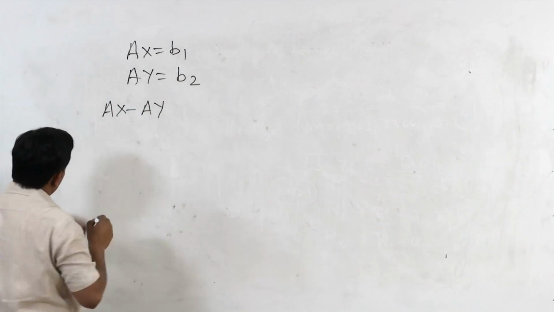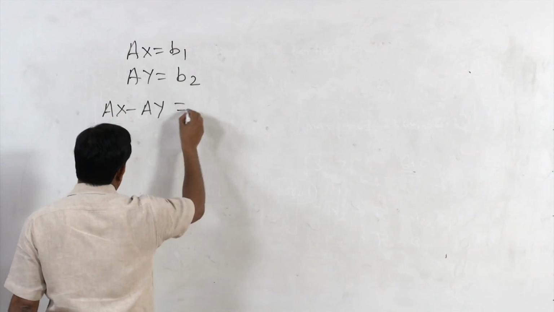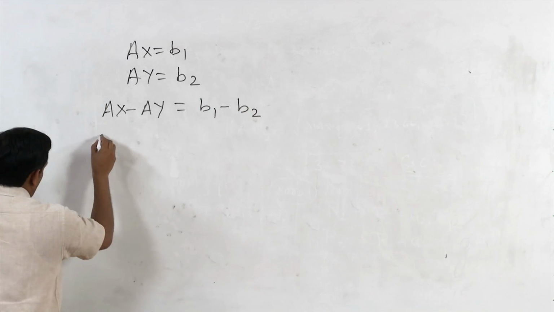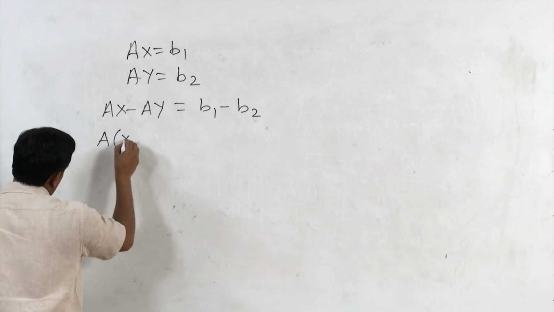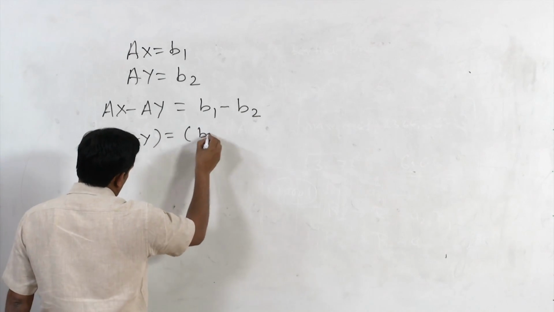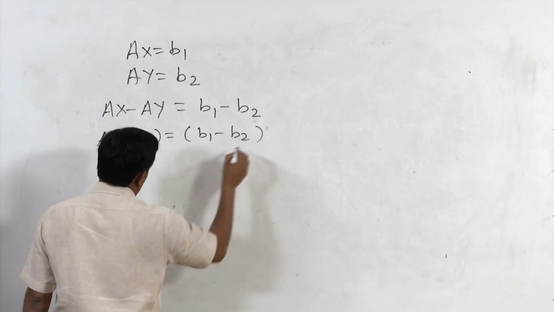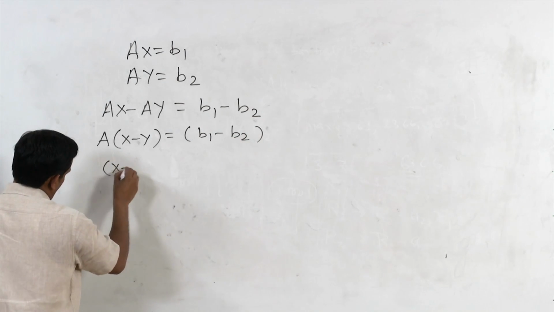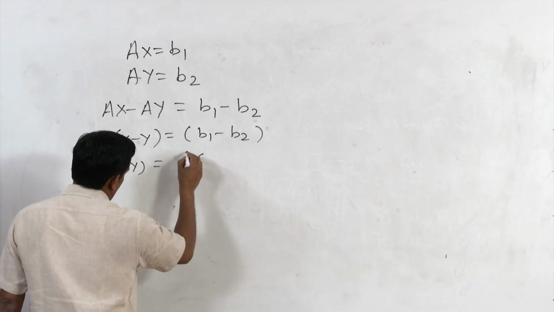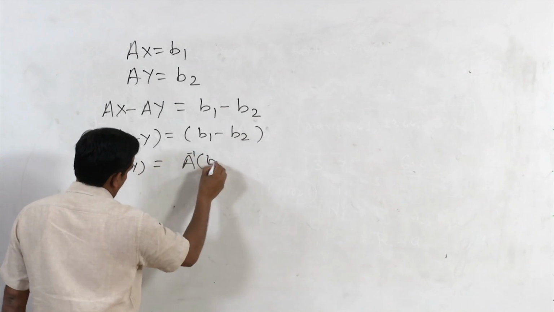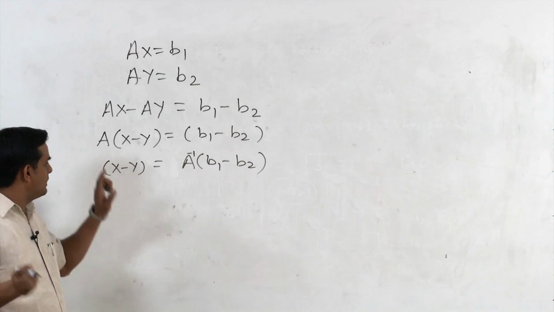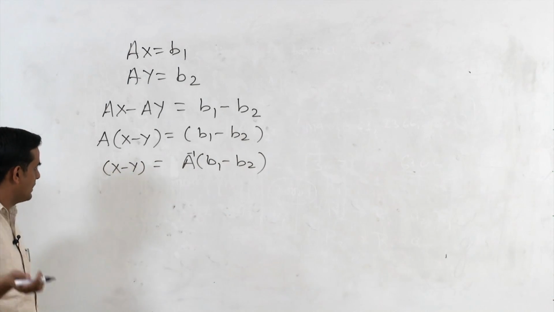If I subtract the second from the first, A x minus A y equals B1 minus B2, or A times (x minus y) equals B1 minus B2, or x minus y equals A inverse times (B1 minus B2). It is given that A is non-singular, so A inverse exists.